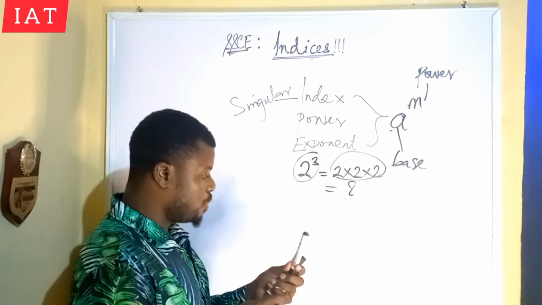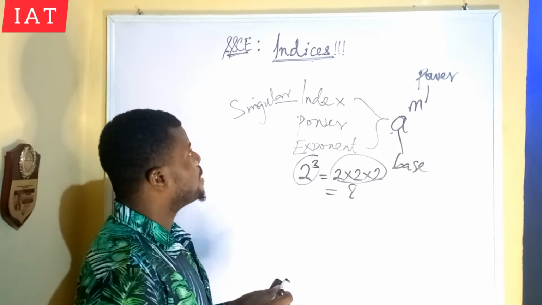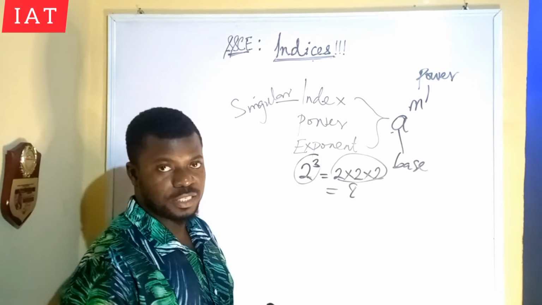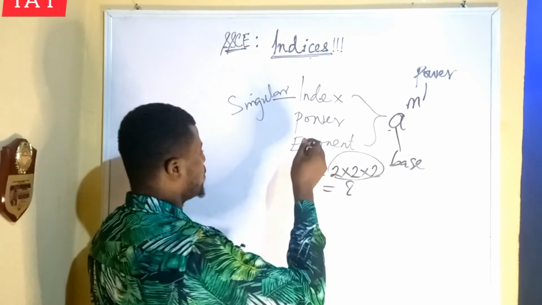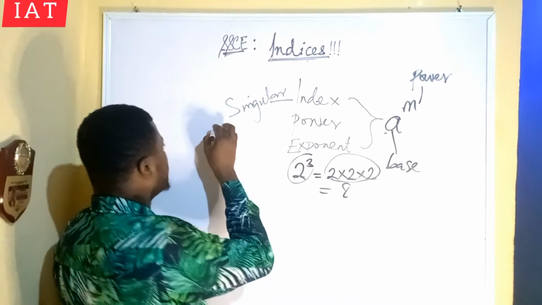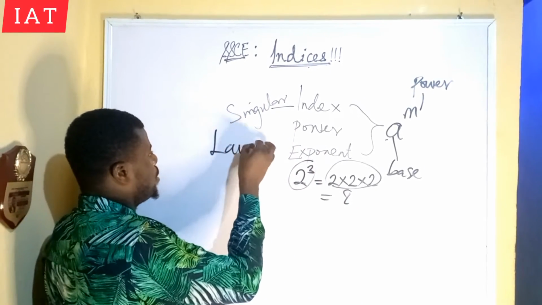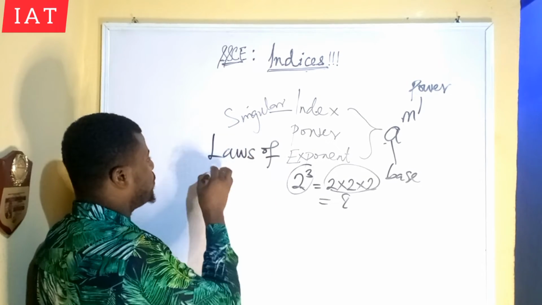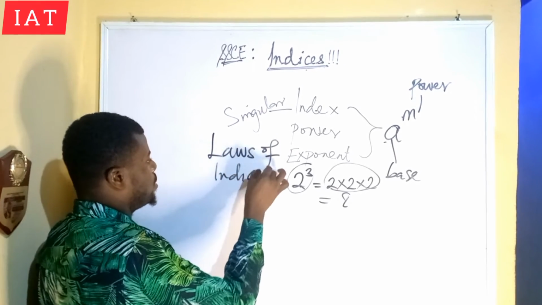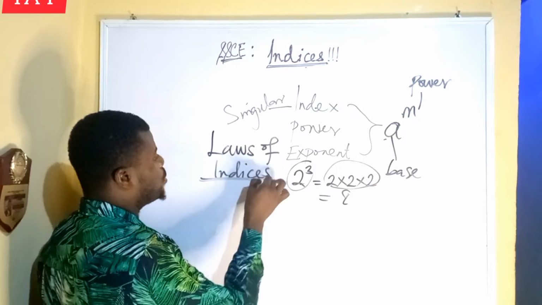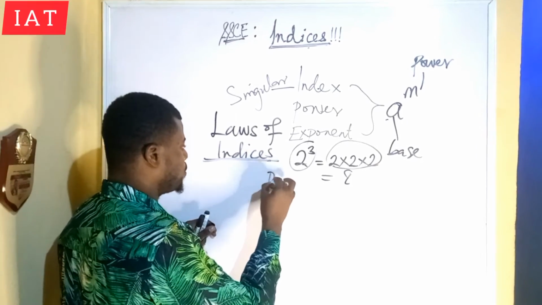So quickly, we're going to discuss at least 2 of the laws of indices, which the first one will be the laws of indices. The first law we're going to discuss is the product law.